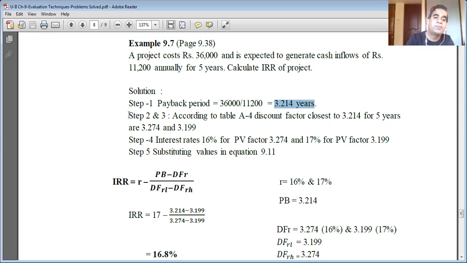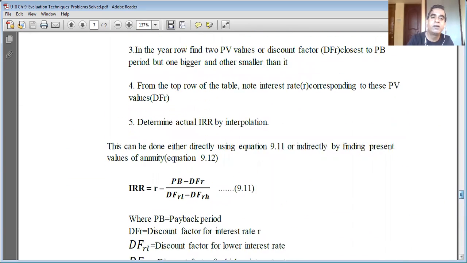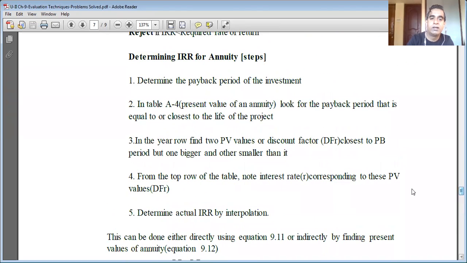Then we'll move to steps 2 and 3. Let me show you steps 2 and 3 once again. In table A4, present value of an annuity, look for the payback period that is equal to or closest to the life of the project.